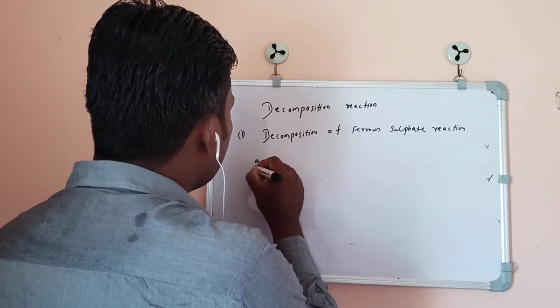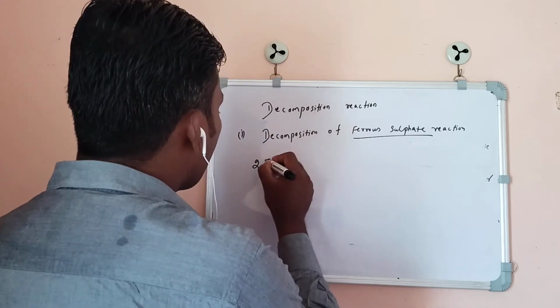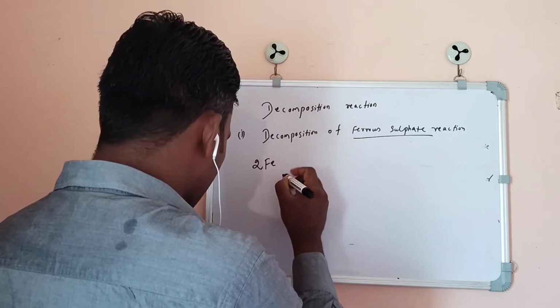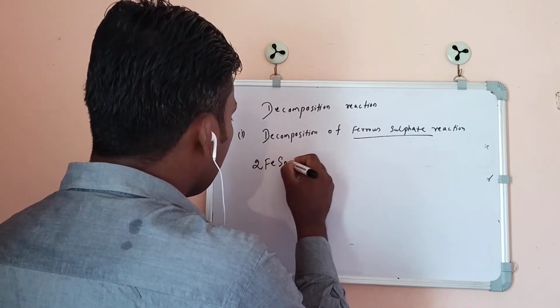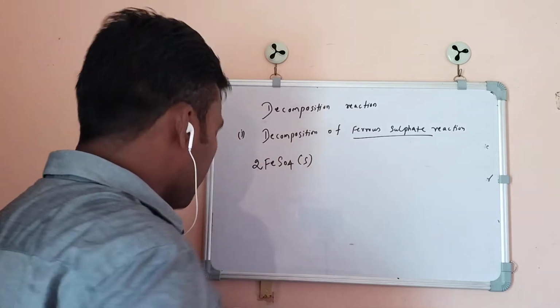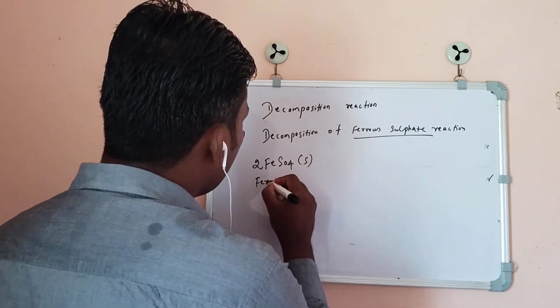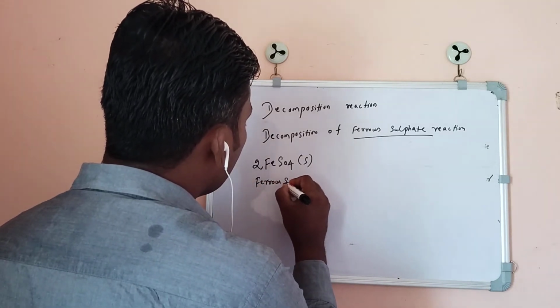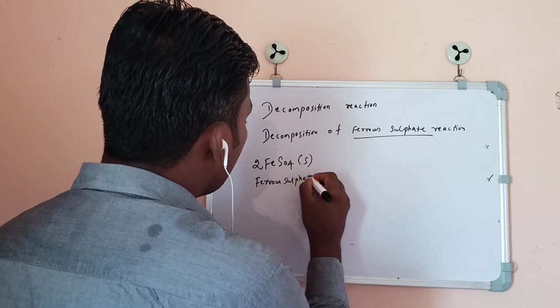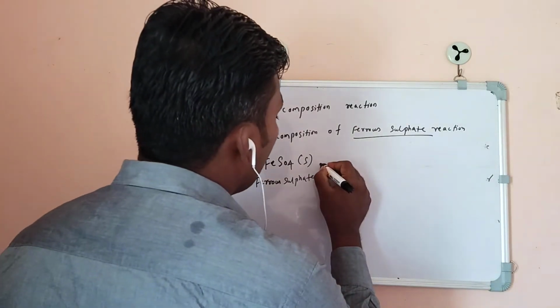What is the reaction? You have taken ferrous sulfate in the test tube. What is the formula of ferrous sulfate? FeSO4. This is the solid, ferrous sulfate.